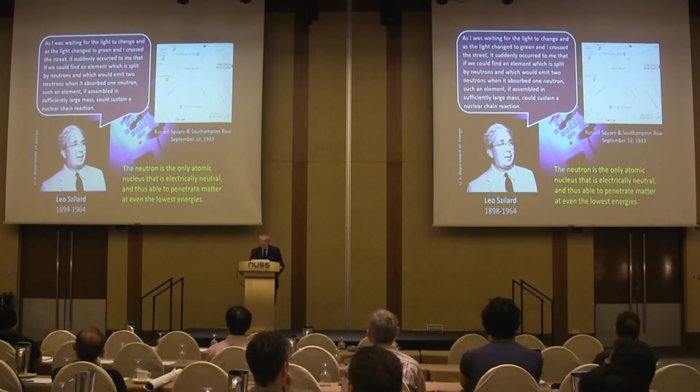Walking down Southampton Road near the British Museum in London one day, he stopped for a stoplight, and he said, well, for the neutron, you don't need this high energy to cause the collision. So all we'd have to do to make a practical source of nuclear energy is find a system which would absorb a neutron and then emit more than one neutron, and that could be the basis of a chain reaction.